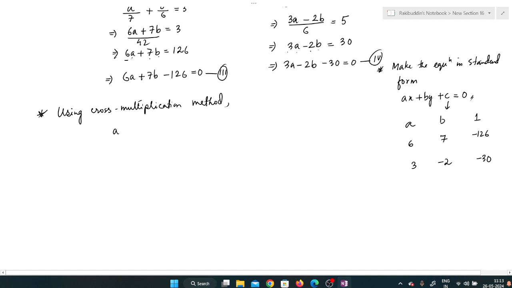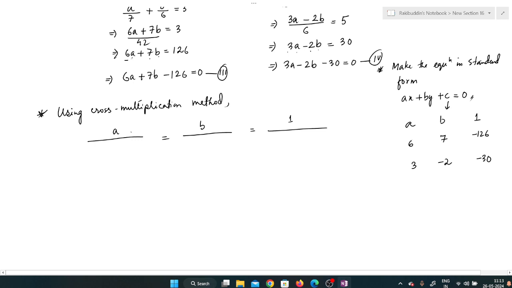So we'll write it like this: a by b equals, for the constant we are putting a 1. Don't write c, don't get carried away and write a b c, or x y or anything else. We know we are dealing with equations where a and b are there, so we will write here a, here b, and here 1.